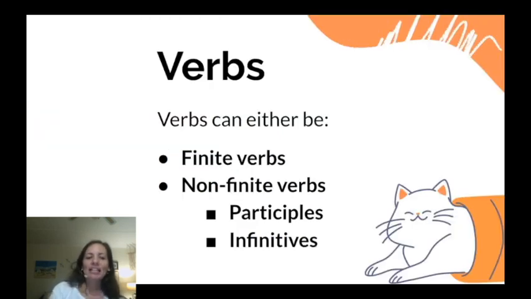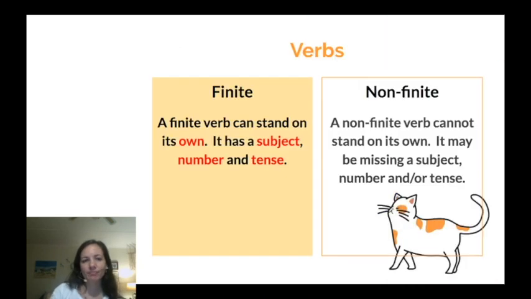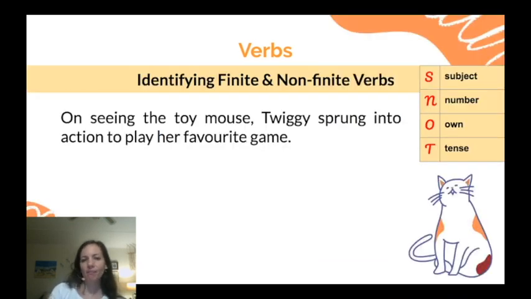So let's see if we can put all this information together. Verbs in sentences can either be finite or non-finite, and for the non-finite verbs, I'm going to look for participles or infinitives. In my sentence, I need to have at least one finite verb, but there could be multiple non-finites. So we're going to make sure that we've got at least one finite verb fulfilling SNOT, and for the others, it's completely fine.